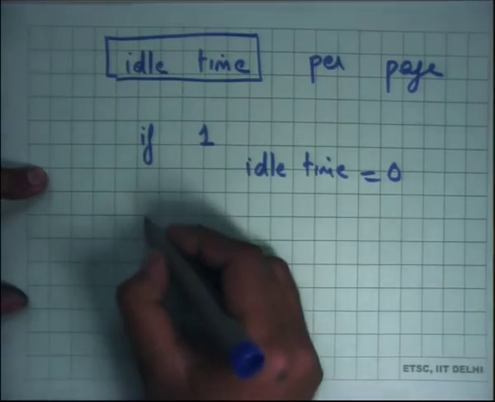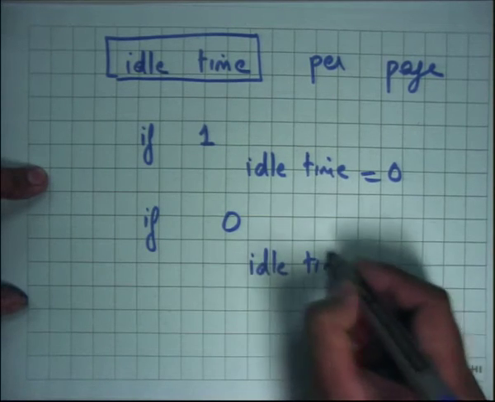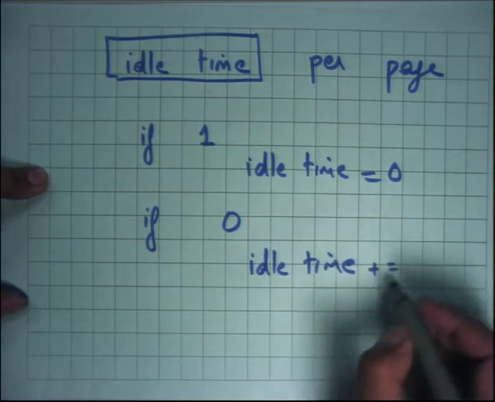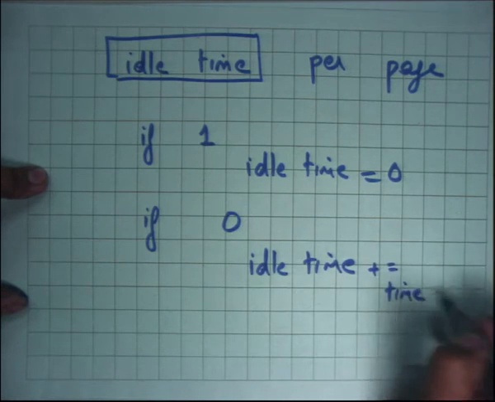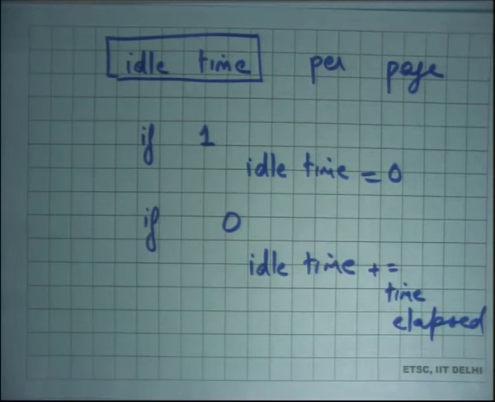And if you see a 0, then increment the idle time with the time elapsed since the last time you saw it. That way you can keep track, in an approximate manner, not completely precise, of how long this page has been idle.